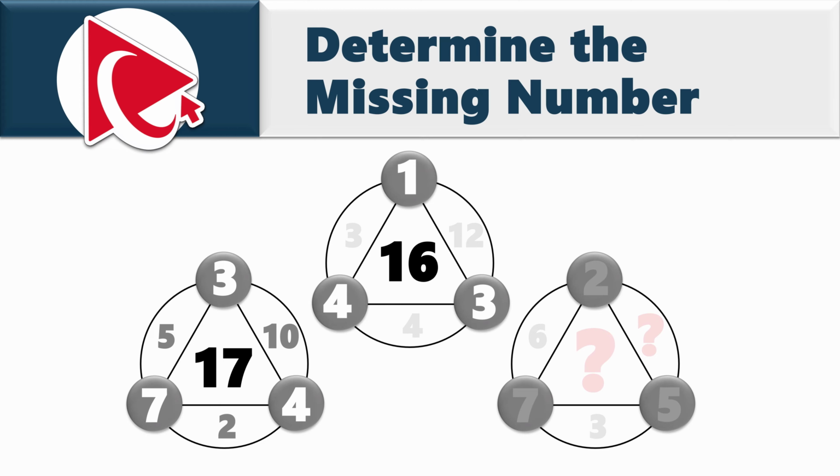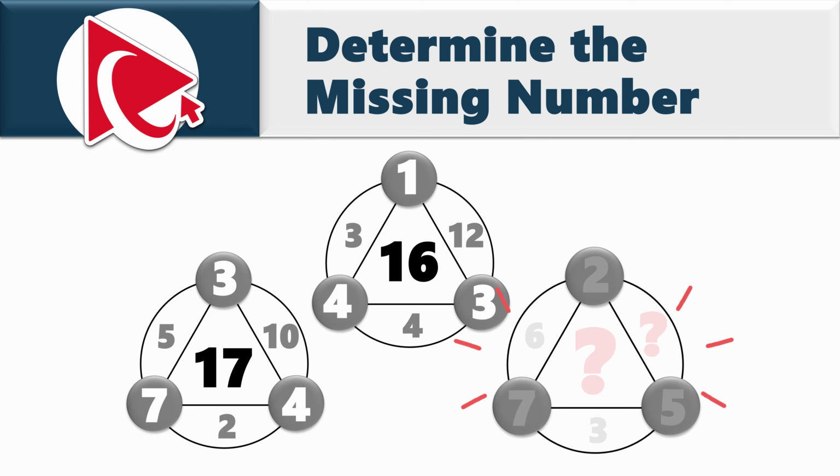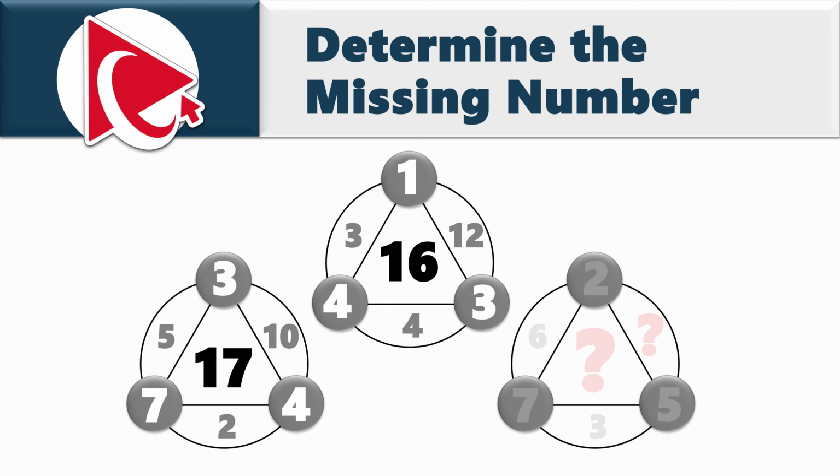And the numbers inside the large circle are 12, 4, and 3. The third shape looks a little bit more challenging, just a little, because 2 numbers are missing. But the numbers in the small circle are 5, 7, and 2, and there are 2 numbers inside the large circle, 6 and 3. And just like I said, 2 numbers are missing, and you need to calculate and select them out of 4 possible choices.